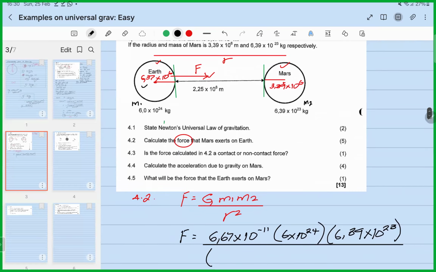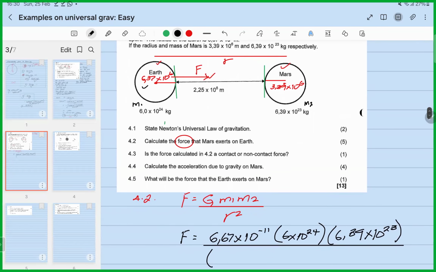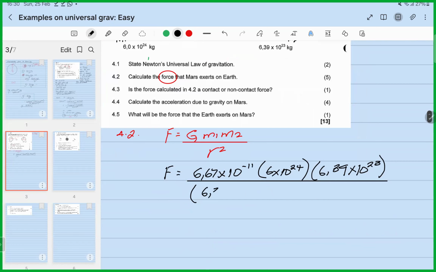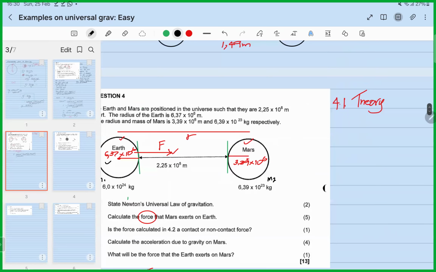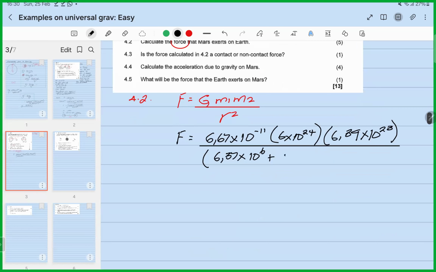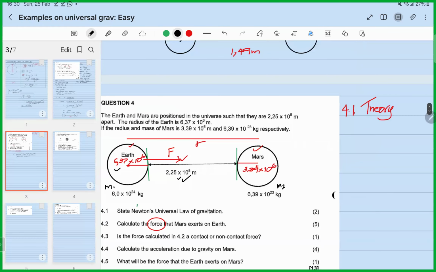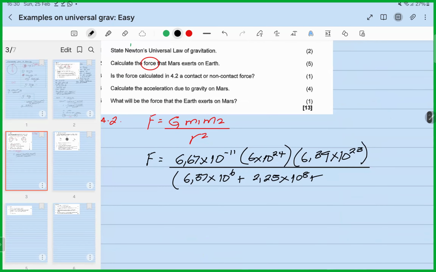Radius of the Earth, remember that's in meters, that's not in kilometers. So it's 6.37 times 10 to the 6 plus 2.25 times 10 to the 8 plus 3.39 times 10 to the 6. You add all of that up and then you square it.